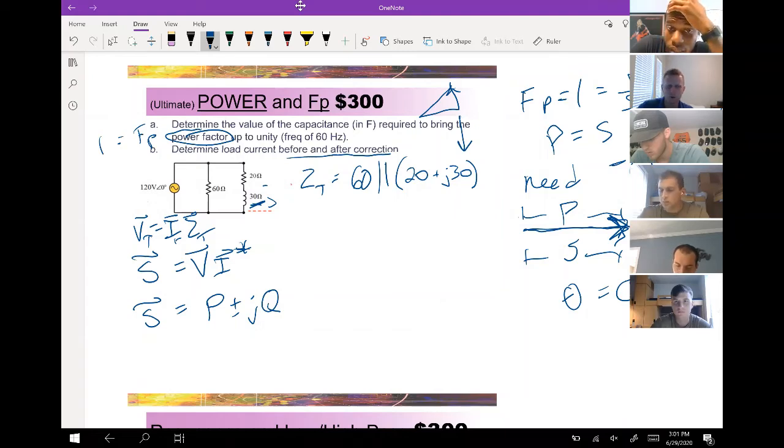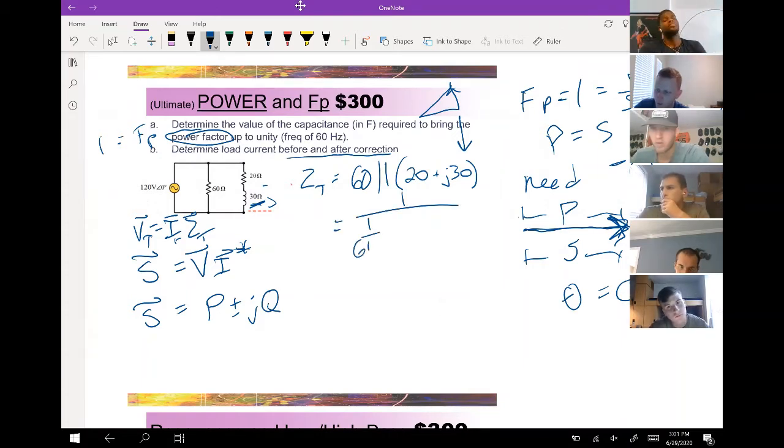Okay, so my Z total, let me grab that number. Actually, real quick, if I was writing this in my calculator, the way I would write it is the 1 over fraction, 1 over 60 plus 1 over 20 plus j30. And remember on the calculator, the j is the imaginary i.